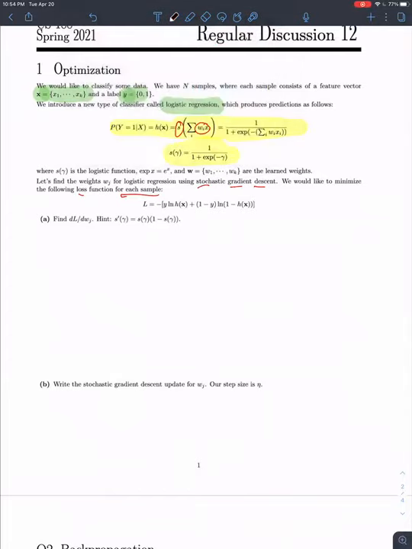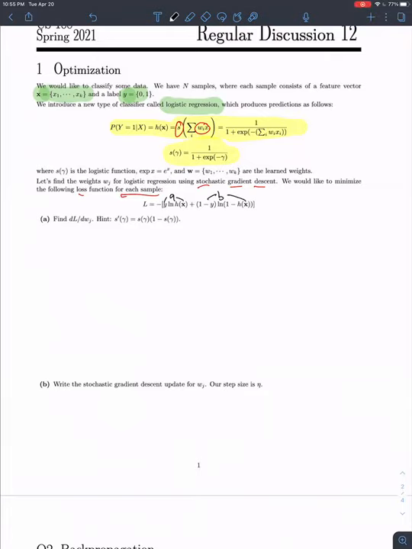So our loss is equal to negative y log h of x plus 1 minus y log 1 minus h of x. I'm going to call the two things in this sum A and B. A is y log h of x, and B is 1 minus y log 1 minus h of x.